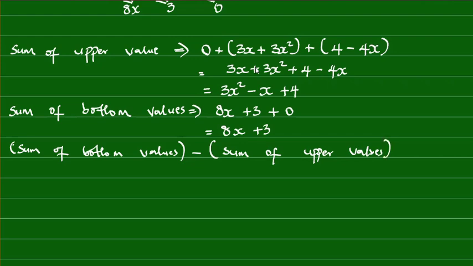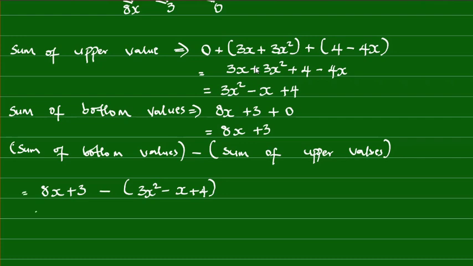Our bottom values, we have 8x plus 3 minus bracket open. From the upper, we have 3x squared minus x plus 4, bracket close.